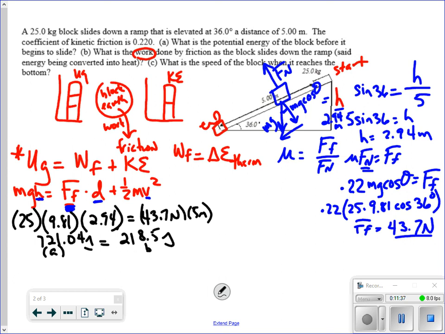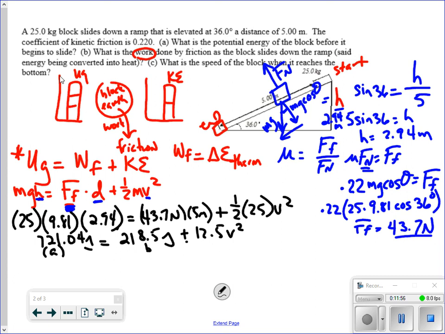All right, plus 1/2 25 V squared. Okay, so half times 25 is 12.5 V squared. Right now I should be good to go. Remember, you're adding that together, so you're going to subtract on this side.